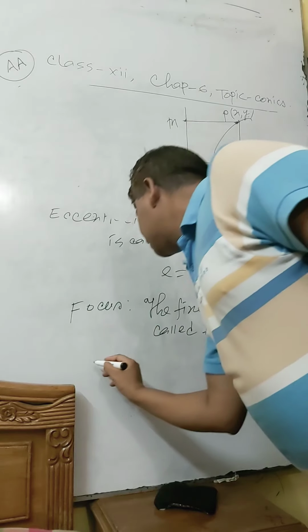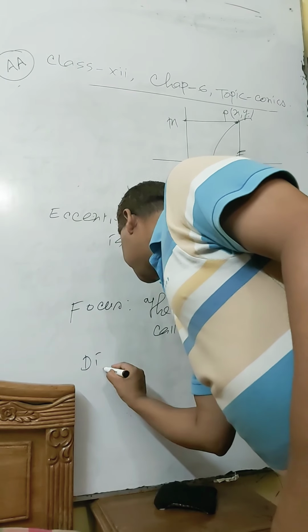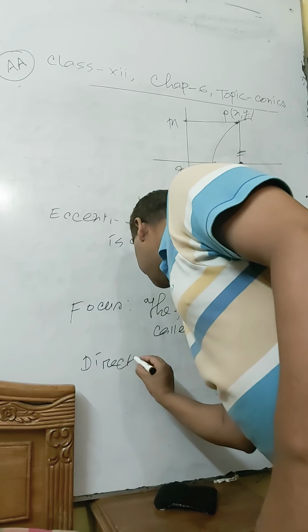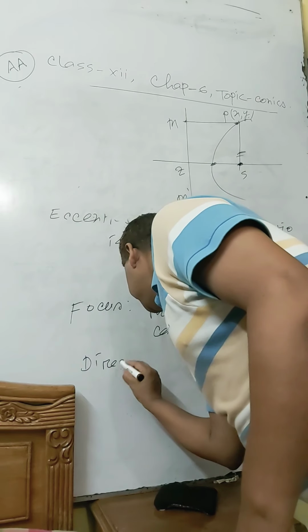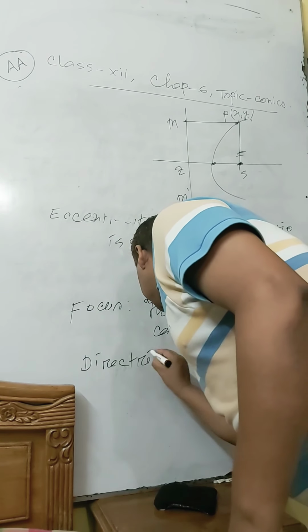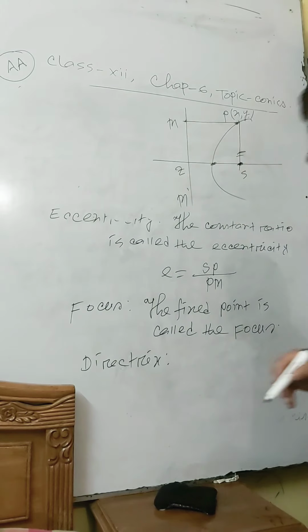What is directrix? Let us now give the definition of directrix. The fixed straight line is called the directrix.